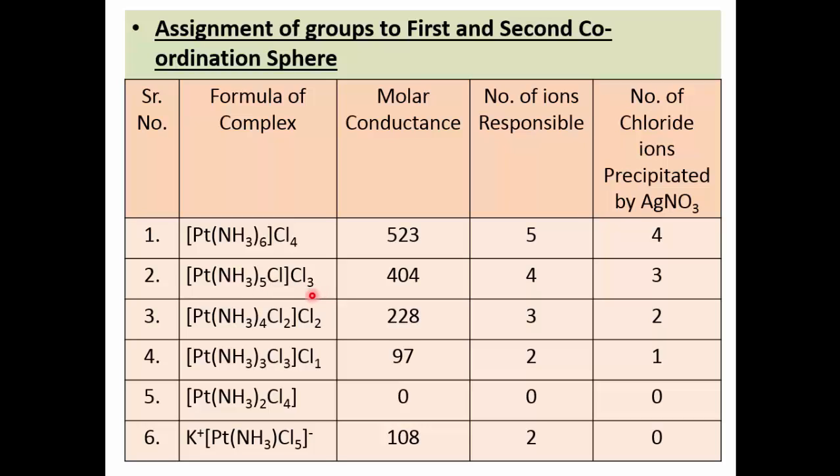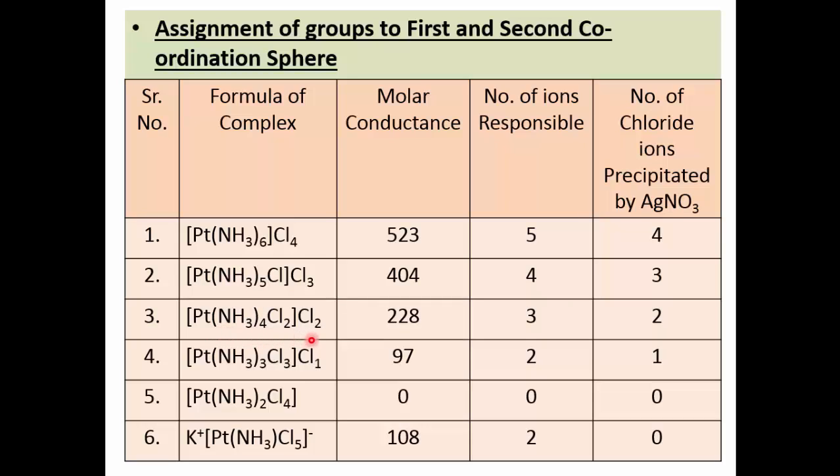That means total 4 ions are formed, and this is proved by the molar conductance value, which is 404. And the 3 chloride ions present outside the square bracket are precipitated by AgNO3, and act as primary valency. They are present in the second coordination sphere, while this cation is present in the first coordination sphere.